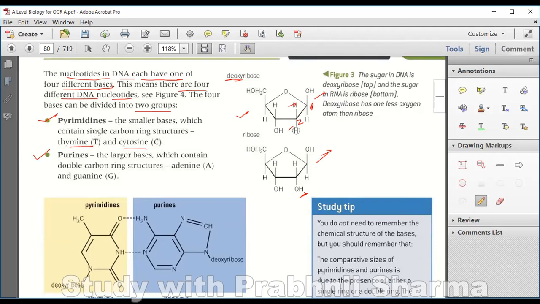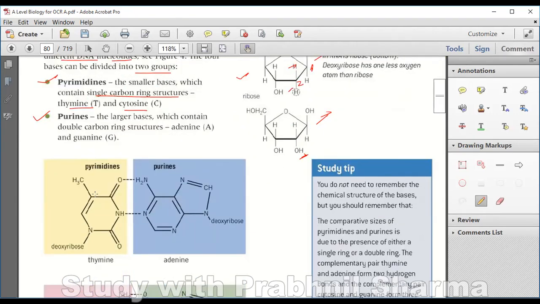They contain a single ring structure like this; only one ring is present. But in case of purines, more than one ring is present. And these pyrimidines are of 2 types, that is thymine and cytosine.